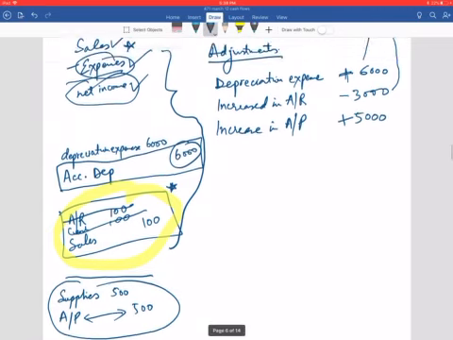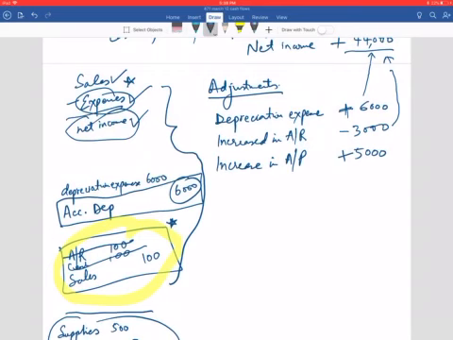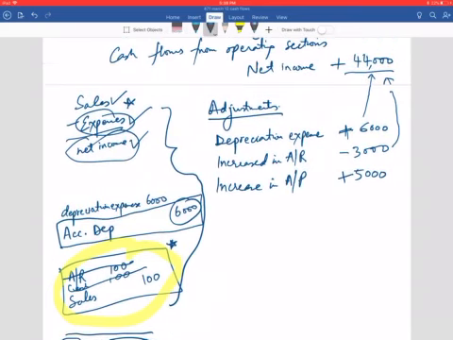So this will be plus $5,000. Again, I'm talking all this from the perspective of this net income. Okay, always remember. So I'm saying we have not paid cash for it, so these are non-cash expenses. When I say that, I mean it's non-cash expenses in net income that we have subtracted, but we have not paid cash for it.